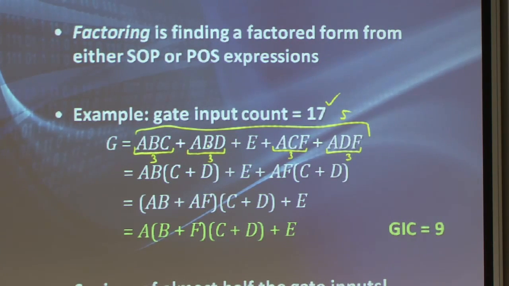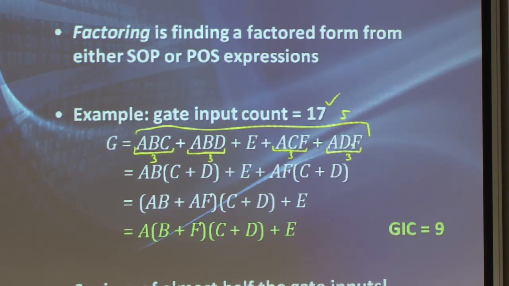From the other 2 terms, I can factor out A and F and end up with C or D. Then I have a common factor of C or D, with which I can combine AF or AB. And the E still stays on its own. And I can then take the A out of the brackets and leave it on its own.